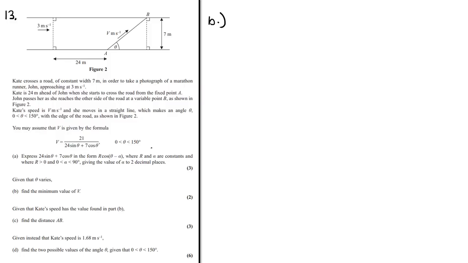So I can rewrite V in that alternative form. V equals 21 over, and this was r cos(theta minus alpha), so 25 cos(theta minus 73.74 degrees).